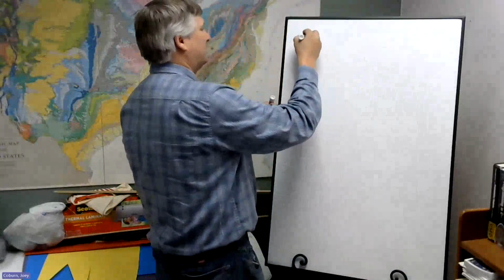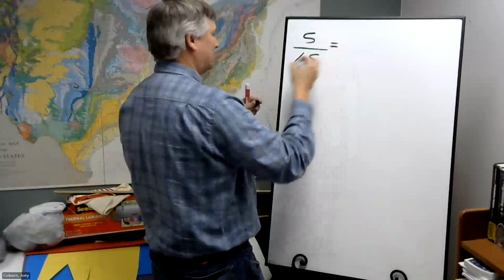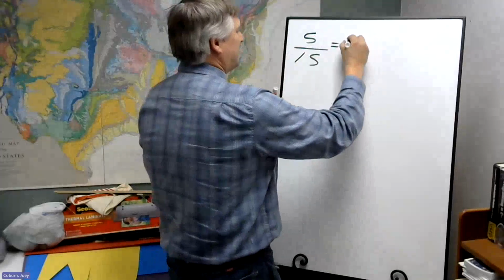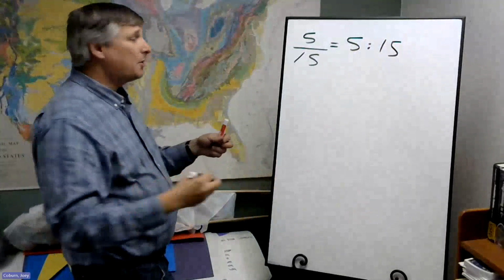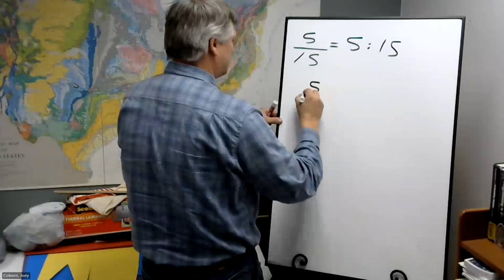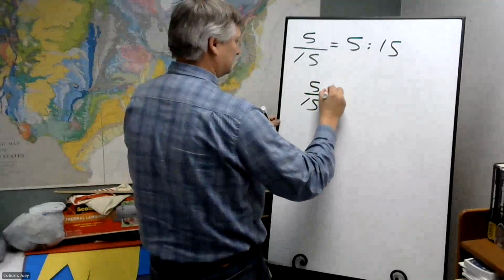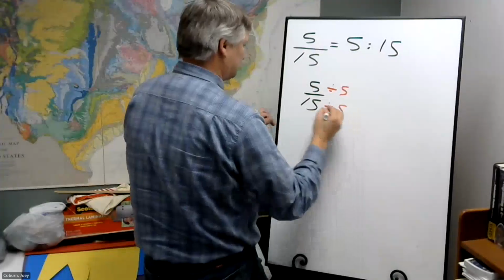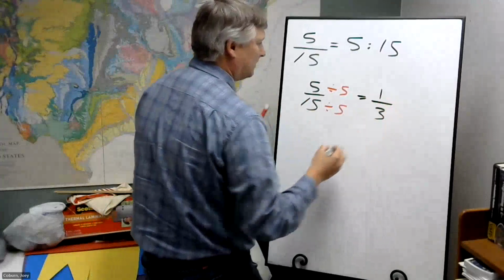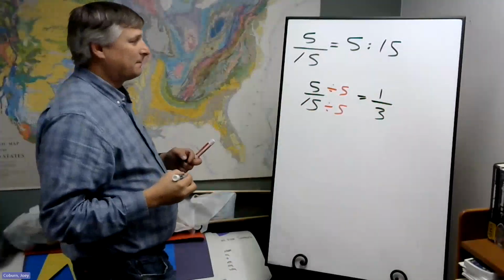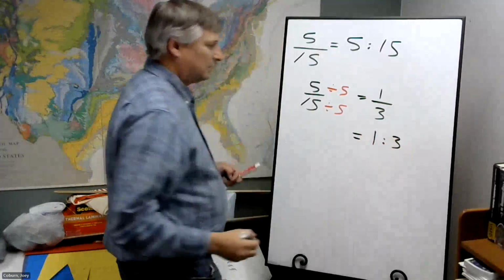Suppose we have, say, 5/15. This is the same as saying 5 to 15. But we could also reduce this and get 1/3, or 1 to 3.